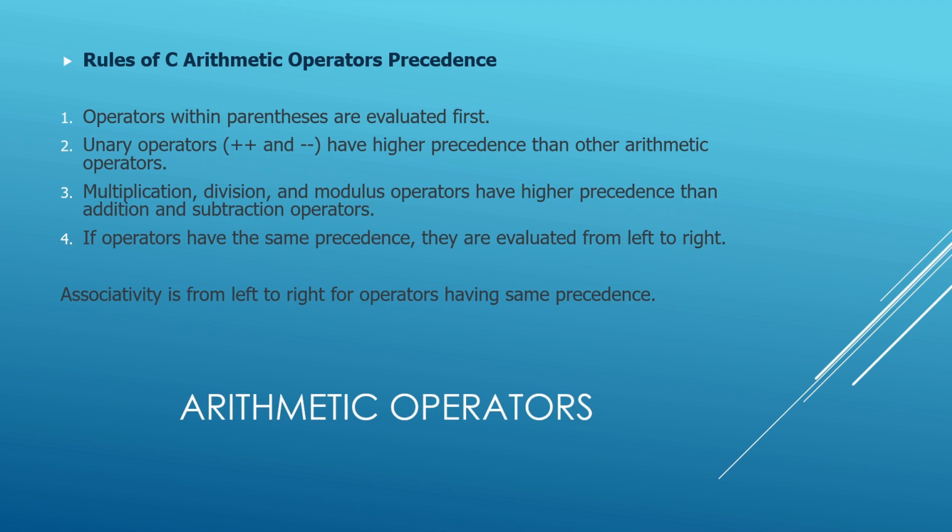I will give you an example. Multiplication, division, and modulus operators have higher precedence than addition and subtraction operators. That means if multiplication, division, and modulus operators appear in any expression, they are evaluated before addition and subtraction. And if operators have the same precedence, they are evaluated from left to right. Associativity is from left to right for operators having the same precedence.